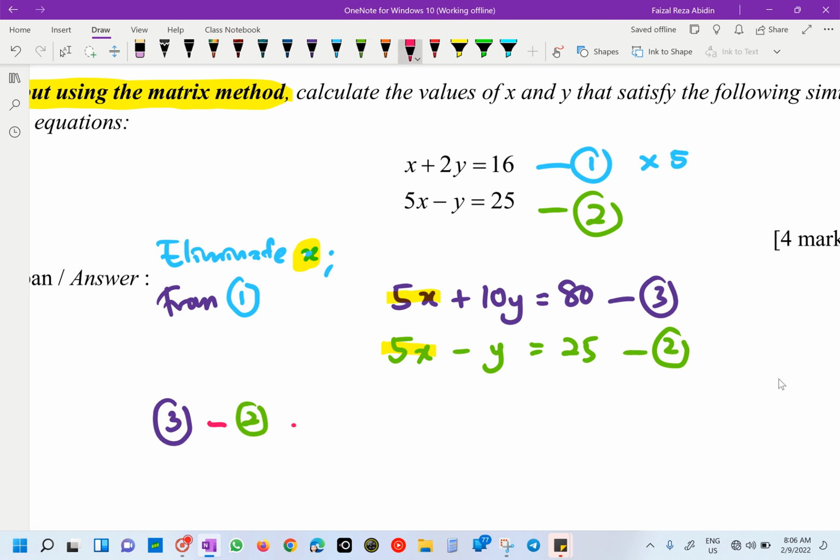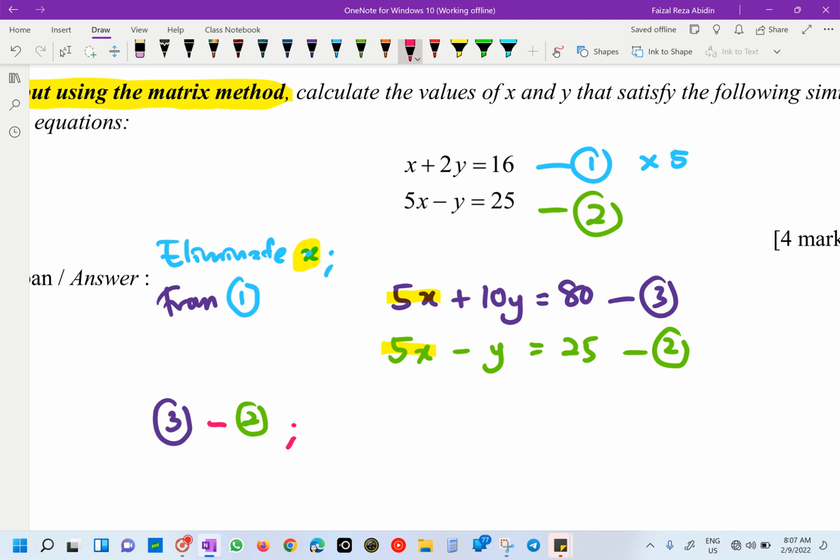You will get what? 5x minus 5x, finish already our x. 10 minus with negative y. Ada orang kata 10 minus y. Saya nak tunggu je ada orang kata yish. 10 minus minus.